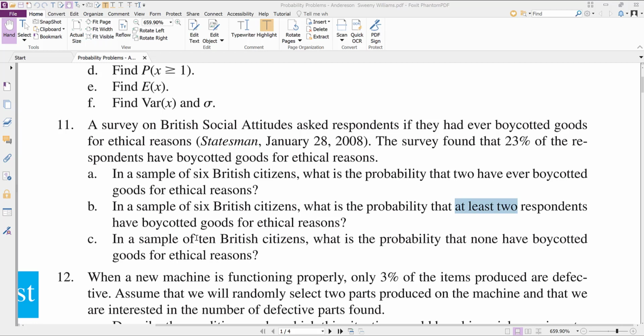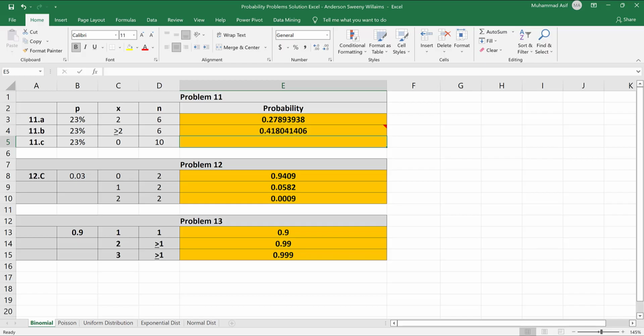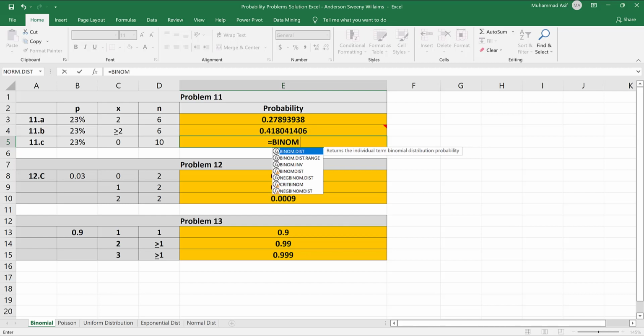Now over here n is 10 and x will be 0, and for this purpose we will use equal to binomial distribution, and then 0, that's we are interested in 0 outcomes, and total number is 10 in this question, and probability is 0.23. And is it cumulative?